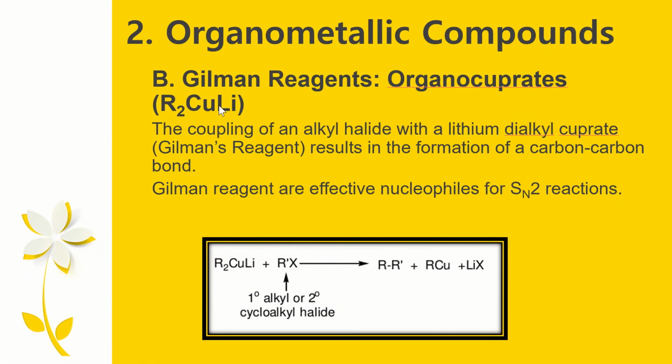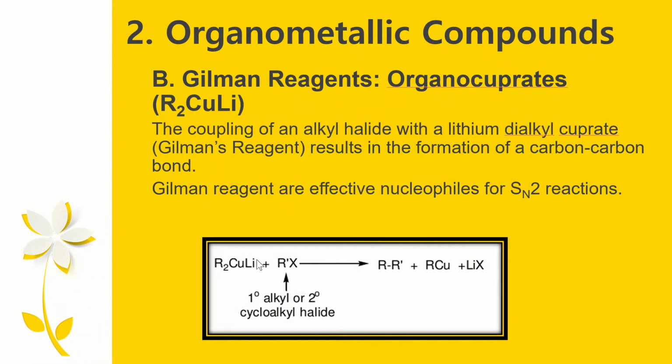And as we mentioned before, two alkyl groups, copper and lithium. So the coupling of an alkyl halide with a lithium dialkyl cuprate results in the formation of a carbon-carbon bond, right? So Gilman reagents are effective nucleophiles for SN2 reactions.